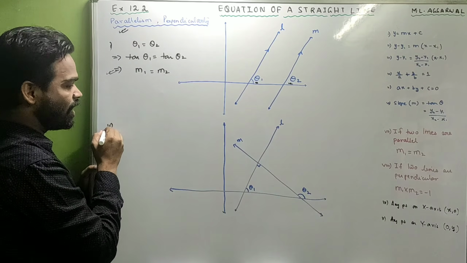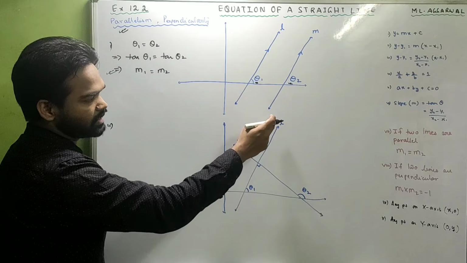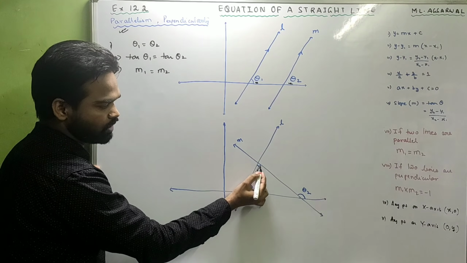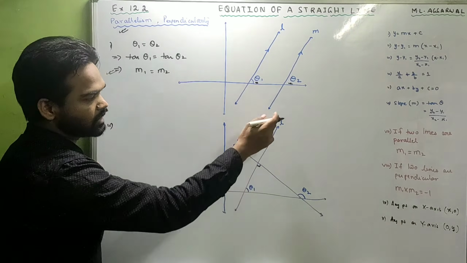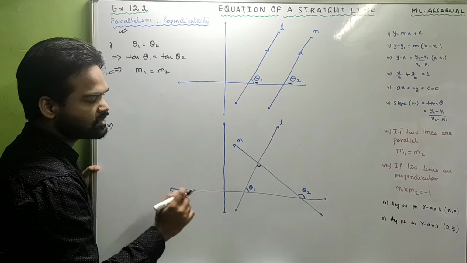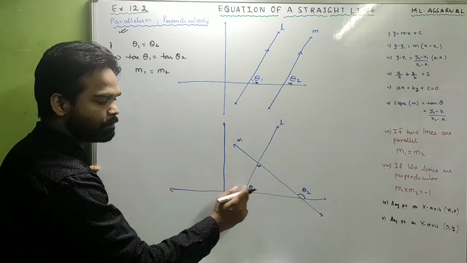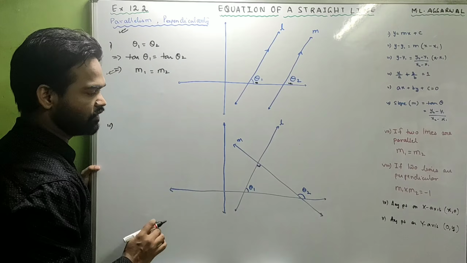Then what happens if two lines are perpendicular to each other? See, I've taken the lines L and M perpendicular to each other. The line L makes an angle theta 1 with the positive x-axis, and the line M makes an angle theta 2 with the positive x-axis. Now look carefully.